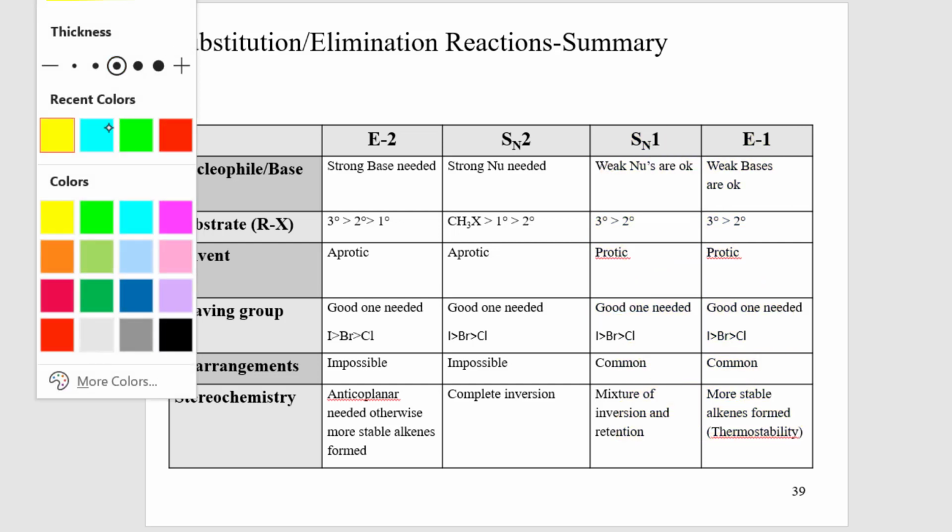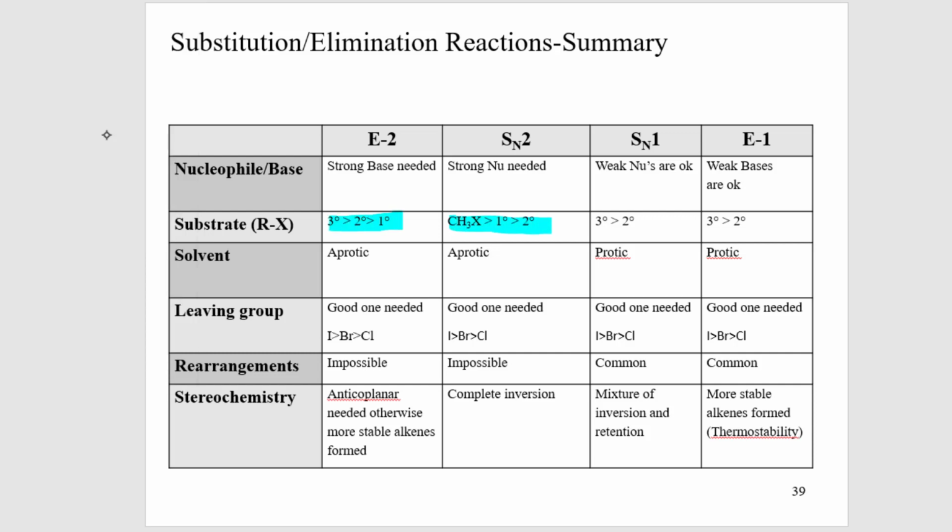How about the differences between E2 and SN2? Well, this is the major difference right here. The tertiary is preferred for E2 in conjunction with a strong base, and I would say it's even favored when it's bulky. You can add the word bulky here. That really is going to favor that E2 mechanism.